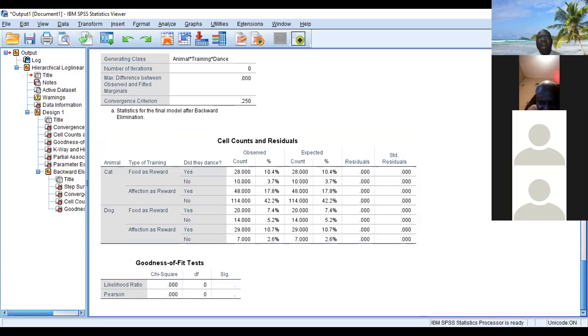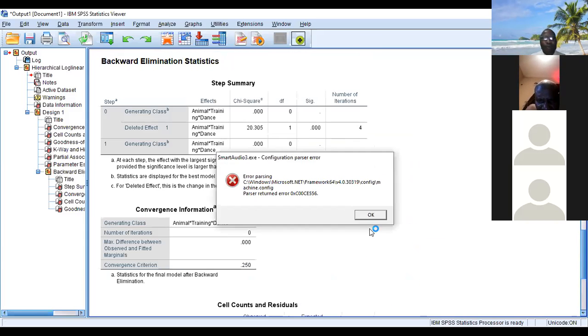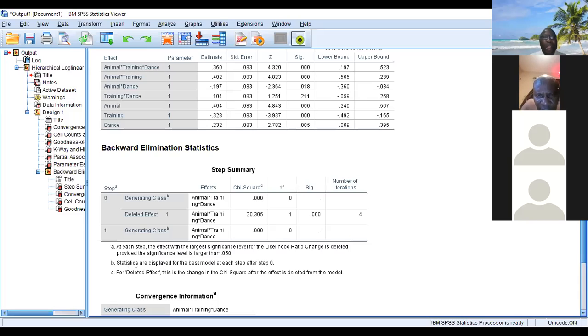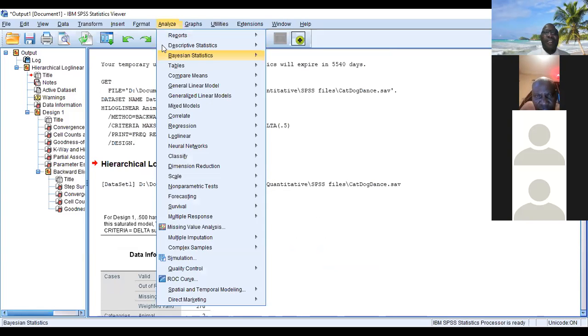Now you may not know how to interpret the whole thing. So if you come down, let's now rerun what Dr. Yemi ran the other time, the one he ran to look at where the association is. Now, let's go back to analyze.